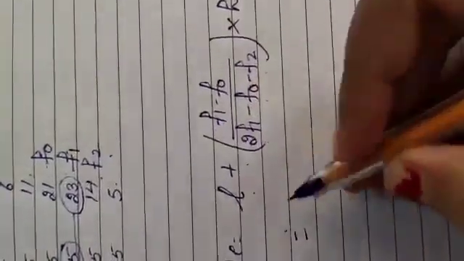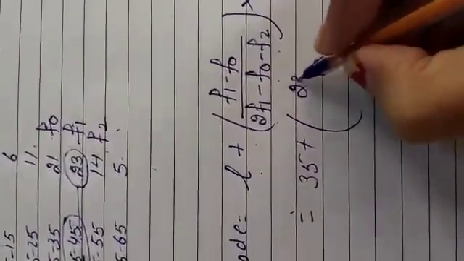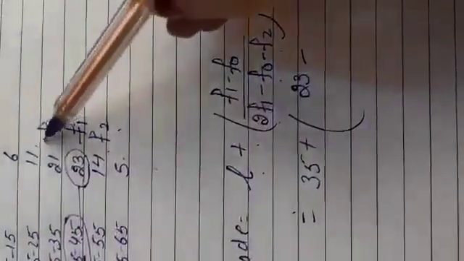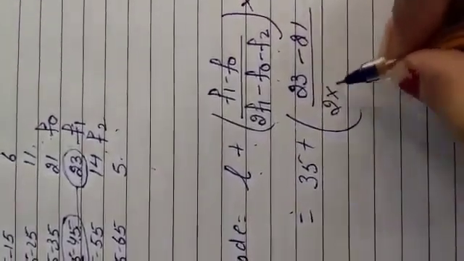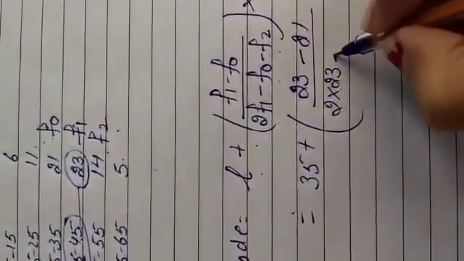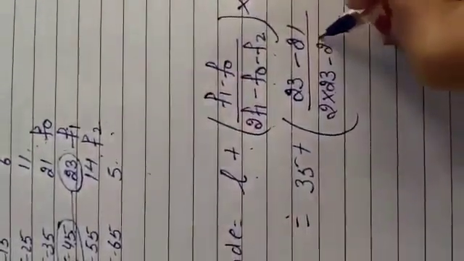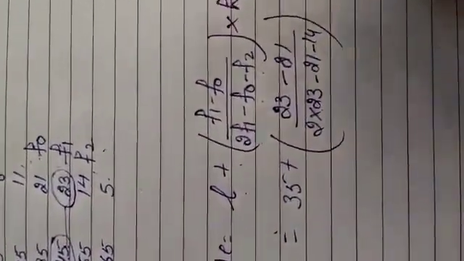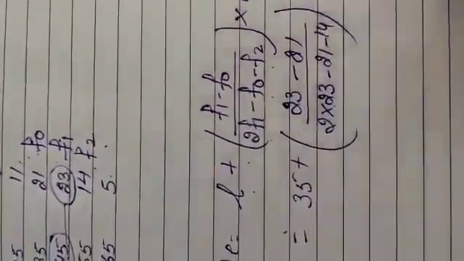So L is equal to 35, plus f1 is 23, f0 is 21, 2 into f1 is 2 times 23, minus f0 value 21, minus f2 value 14, and the width of the interval h is given as 10.